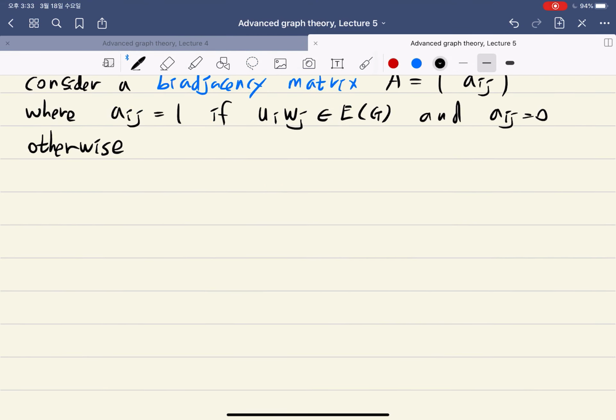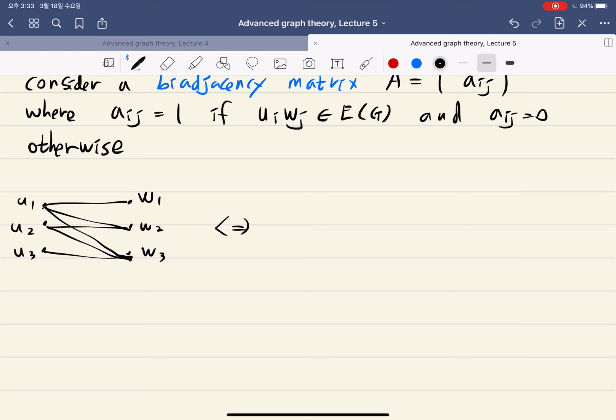So for example, if we have a graph, say U1, U2, U3, W1, W2, W3, and let's say this is the graph, then its bi-adjacency matrix is that you take a matrix and you name each row corresponding to the vertices in U, and each column gets a name which comes from the vertices in W. And then the component is either 0 or 1 depending on the adjacency.